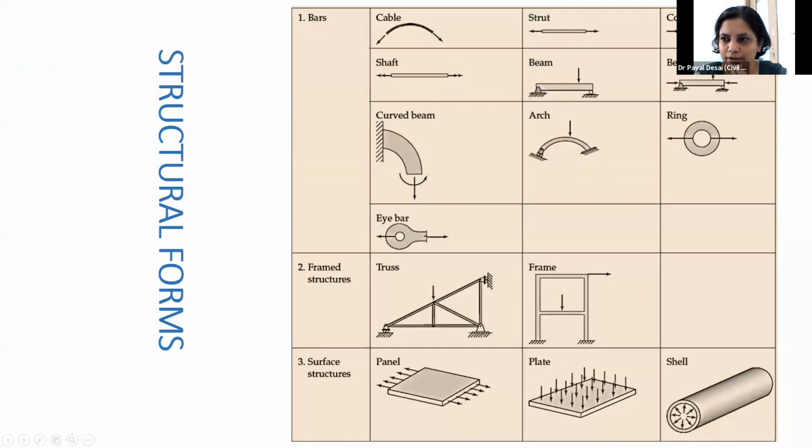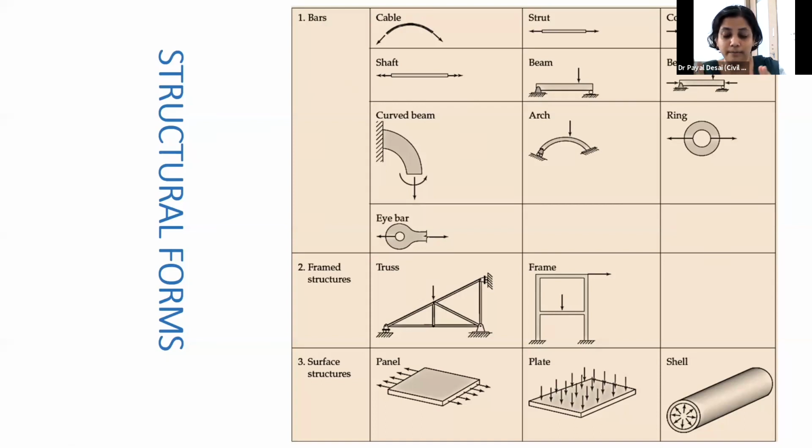So to begin with, this table shows a kind of survey of the types of structures that are available in practice. These structures support load under various conditions, and of course, they have to maintain static equilibrium.